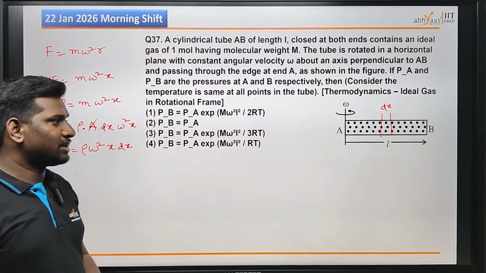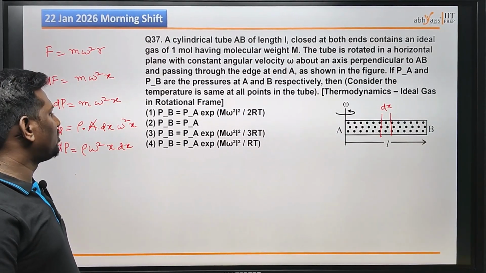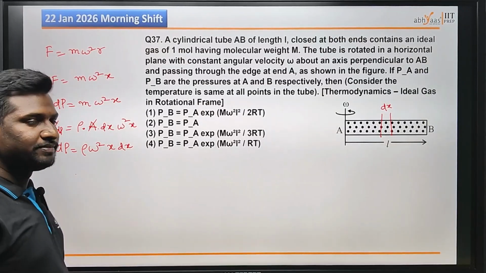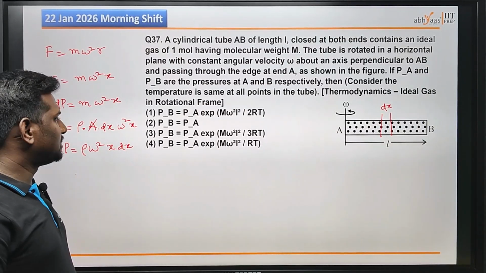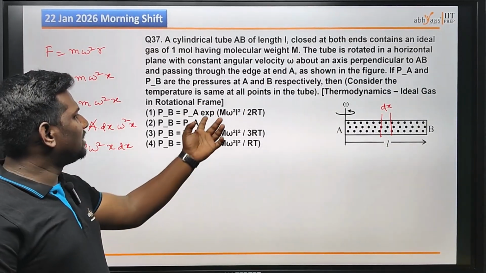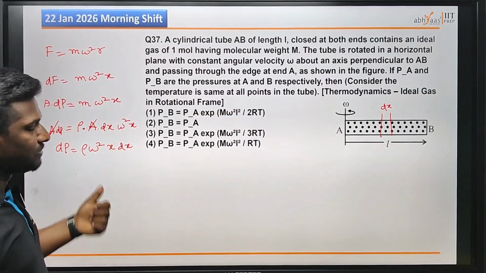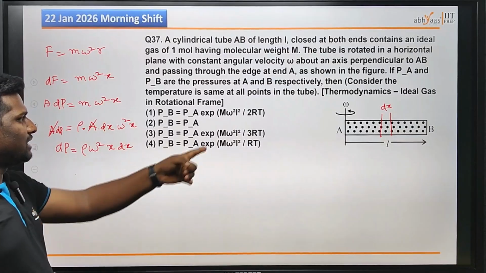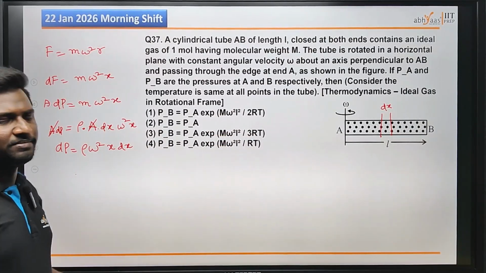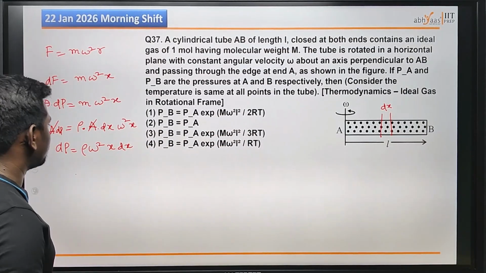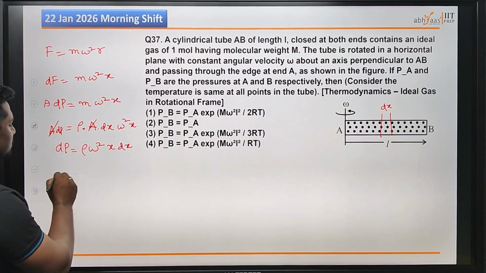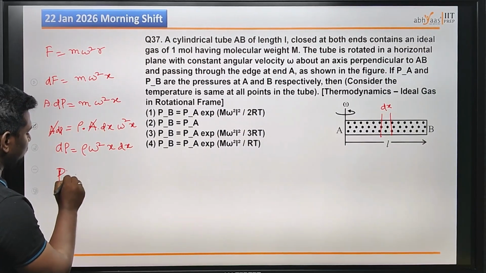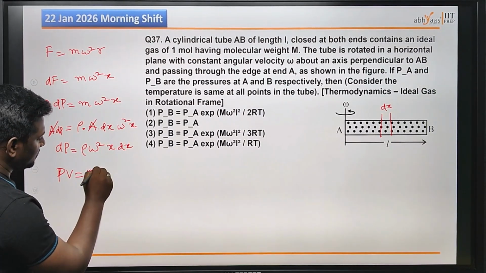So what you have to find? You have to find the pressure. If you observe here, we do not have rho, but we have R and T. So you have to take the ideal gas equation, PV equal to nRT.